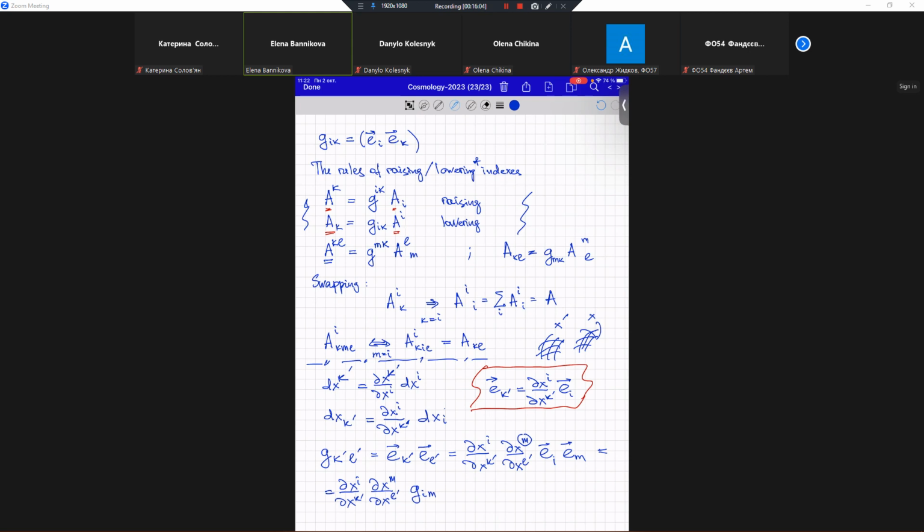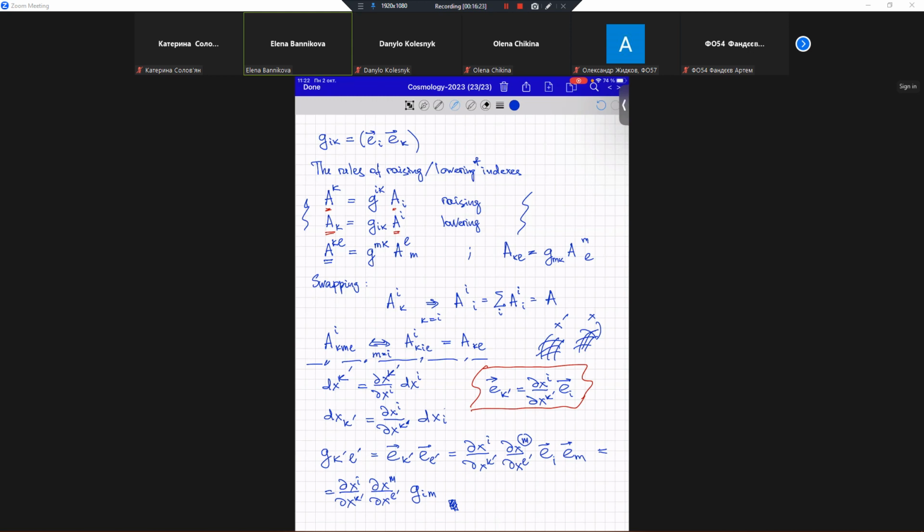So we can see that we really proved that the metric tensor transforms from one coordinate system to another as a tensor of the second rank.